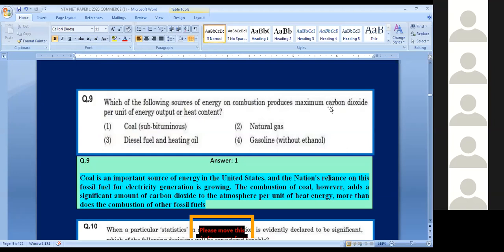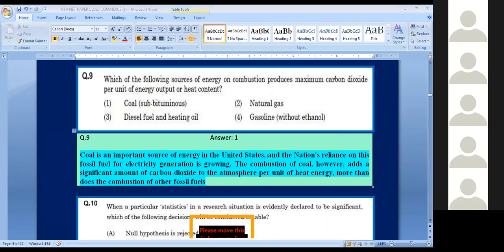Based on the theory, the combustion of coal, however, adds a significant amount of carbon dioxide to the atmosphere per unit of heat energy, more than does the combustion of other fossil fuels. This proves coal is the answer. If you haven't read the theory, then you cannot answer this question. And there is no chance of guessing.